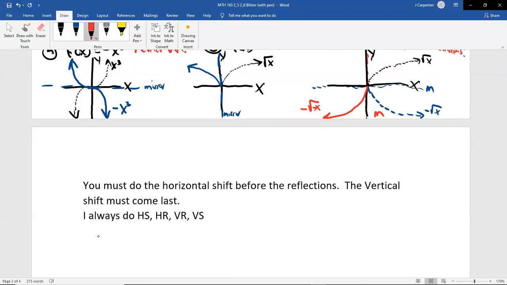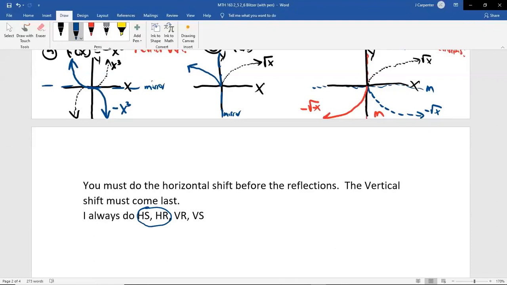Admittedly, there's a lie in there, and by lie, I just mean it's not a full truth. I'm not going to say what it is, but there is some order that has to be accounted for. And it's really that for horizontal, the shift has to come before the reflection. But for the vertical, the shift has to be done after the reflection.